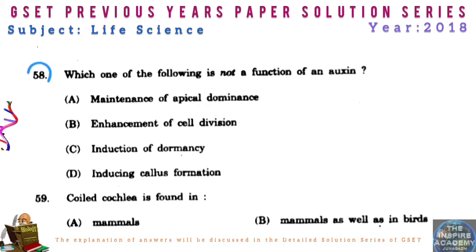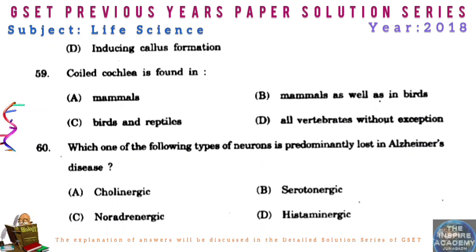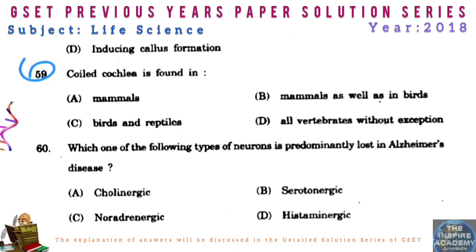Question number 58. Which one of the following is not a function of an auxin? Induction of dormancy is not a function of auxin. Question number 59. Coiled cochlea is found in mammals.